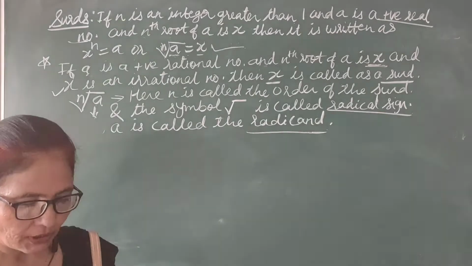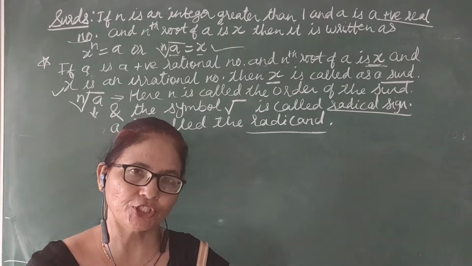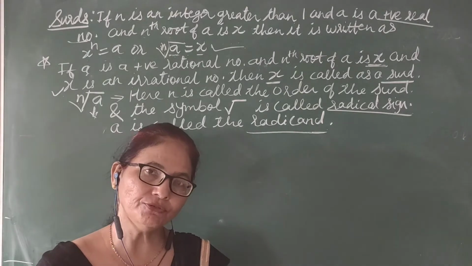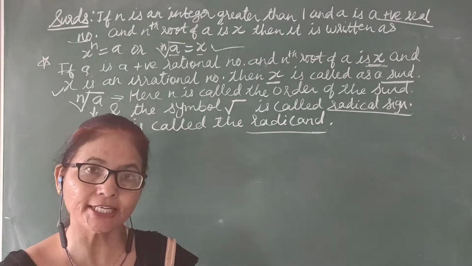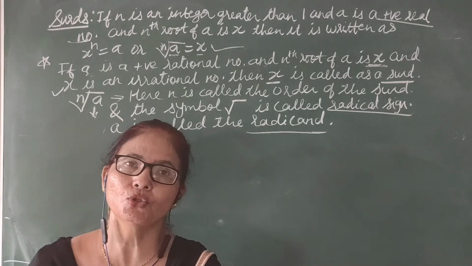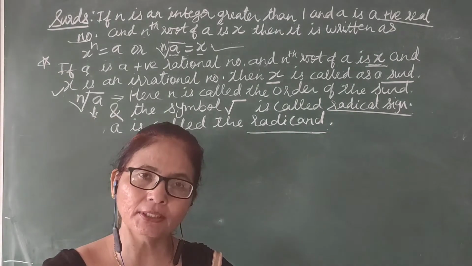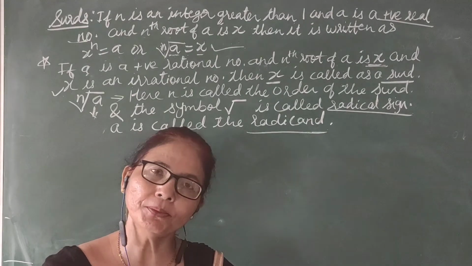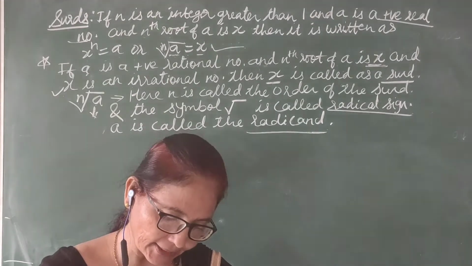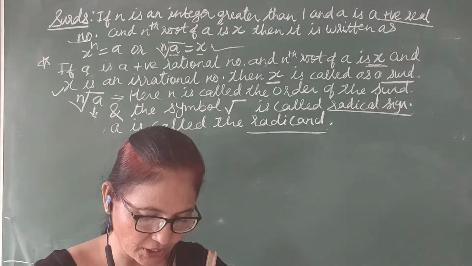Now we know that 5 is a rational number, but root 5 is not rational, it is an irrational number. It means the square root or cube root of any real number is either rational or irrational.